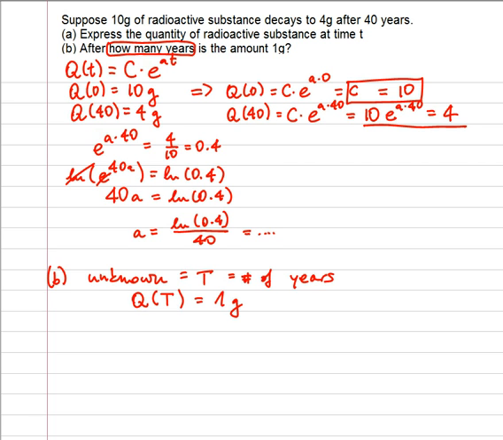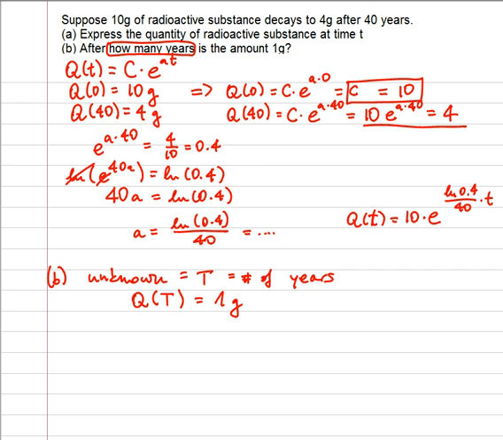Now we know what the quantity at time t is because we have found c and a. Let me write it here. So q of t equals c, which is 10, times e to the a, which is ln 0.4 divided by 40, times t.